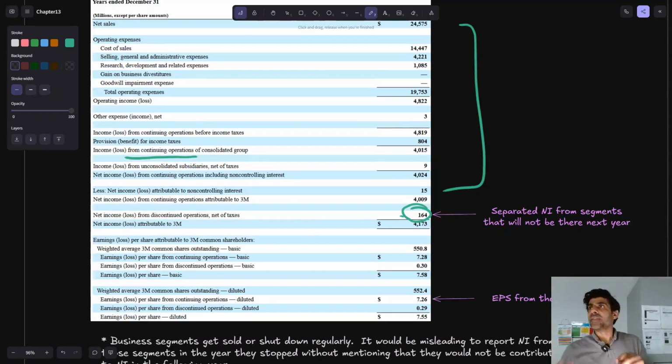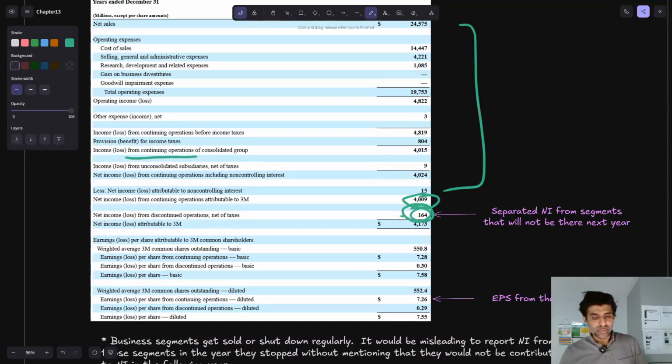What they do is they take only the things that are still going to be in existence. They provide the income statement for all of that. They give you an operating income, and then they just add in whatever net income is associated with the discontinued operations, because that's still profit that they're earning in this period, but it's not going to continue going forward because they've kind of ended that segment.